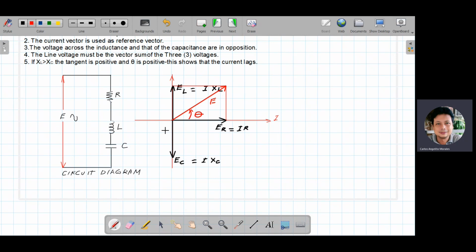Ulitin ko. Kapag mas malaki yung inductive voltage kaysa sa capacitive voltage, magiging lagging siya kasi nahuhuli yung current sa voltage. Kapag mas malaki yung capacitive voltage kumpara sa inductive voltage, mauuna ngayon yung current. Kaya siya ay magiging leading.